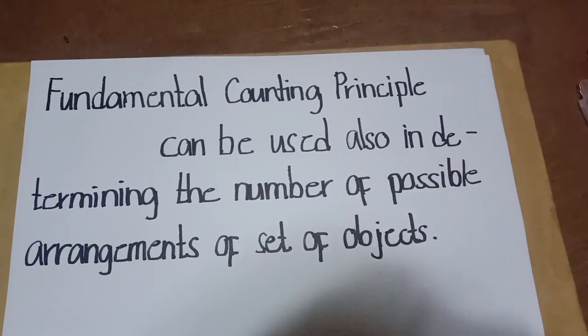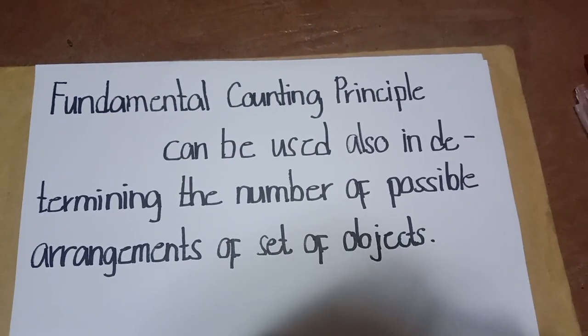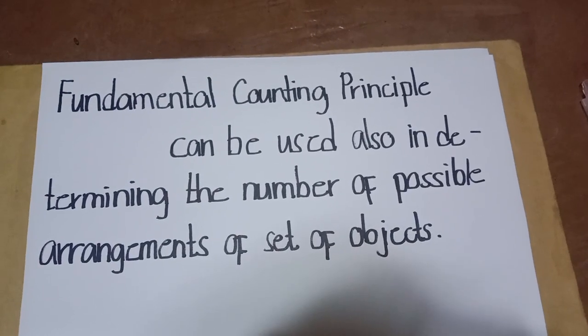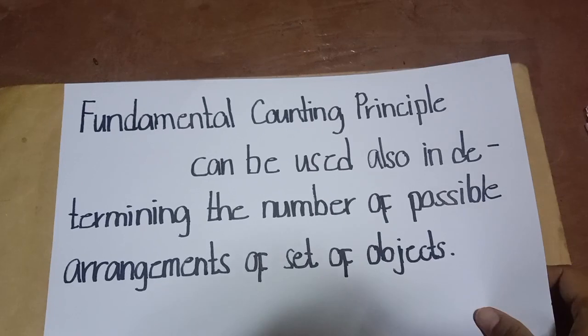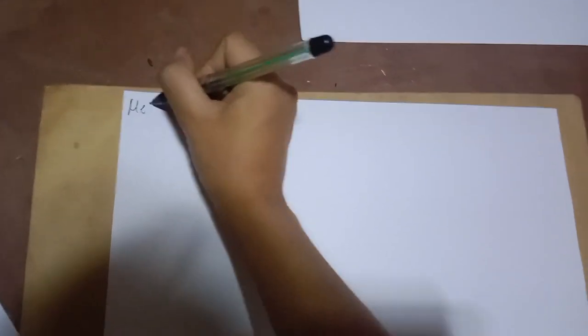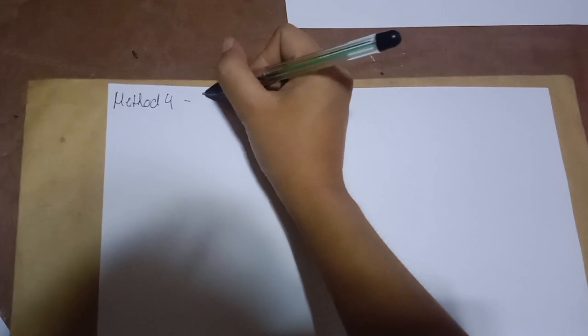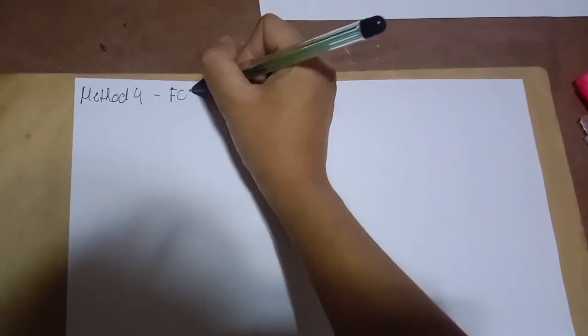So using the fundamental counting principle in determining the number of possible outfits of the 4 blouses and 3 skirts, we just use the method, which is the fundamental counting principle, or FCP.